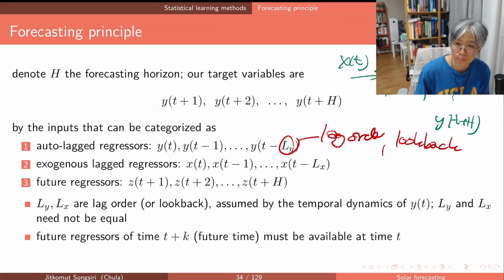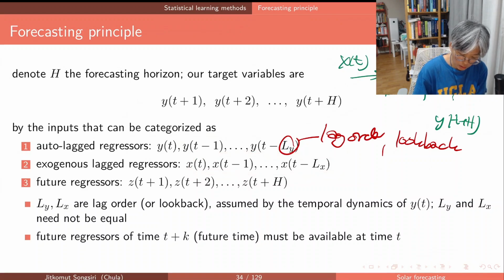so that it can help you explain the future. The second group is called exogenous lag regressors. Exogenous means outside. So an exogenous regressor means any other variable that is not y, but you're going to use the lag values of that regressor variable.